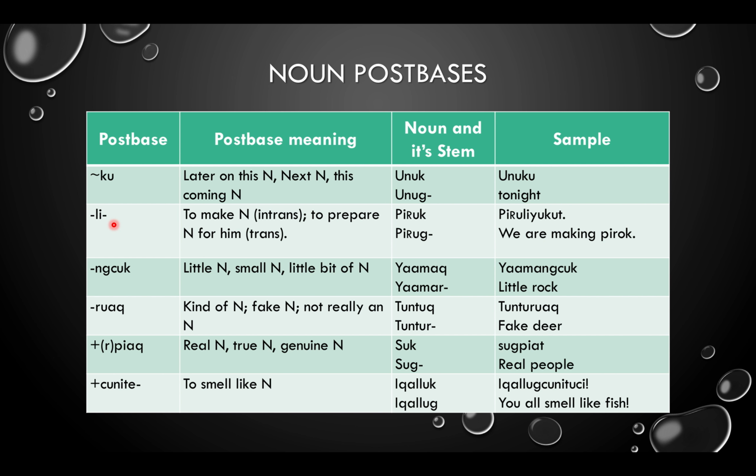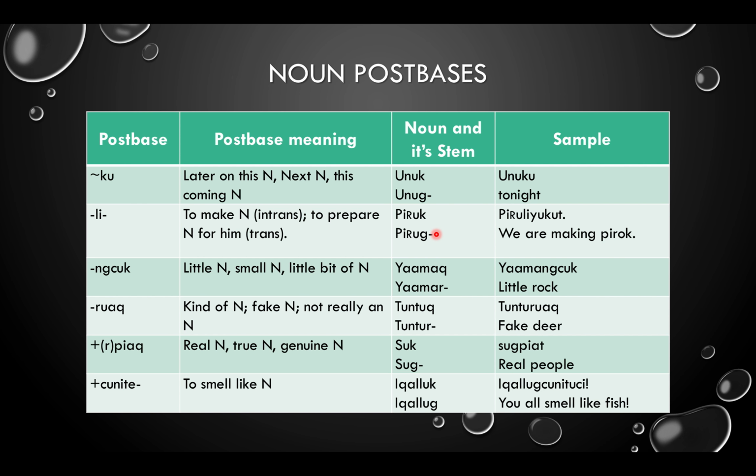Okay, so then we're going to look at postbase li, which is to make or to prepare for someone else. So the intransitive one is to make something. If you're going to use a transitive ending, then it means to make for someone else. And the noun we're going to use is pirak.